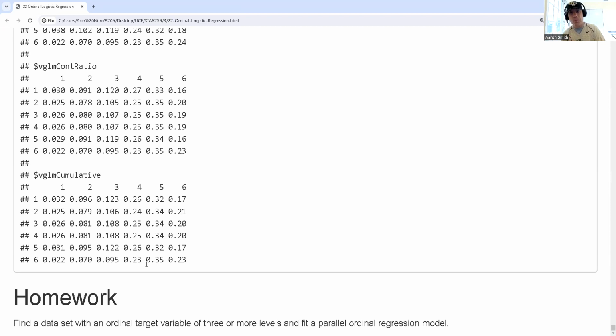All right, so if I'm doing ordinal logistic regression, most of the time we want parallel slopes. So most of the time I'm going to pick a function that does that. Now, if I'm in a situation where I'm having trouble getting sufficient accuracy, I could consider doing individual models for different levels of my ordinal target variable.